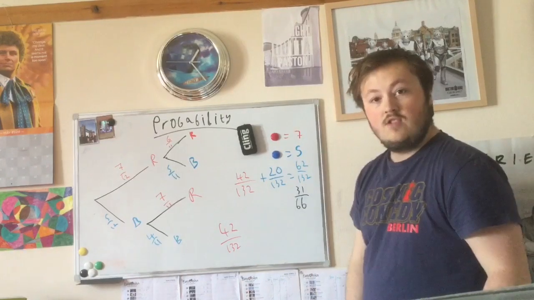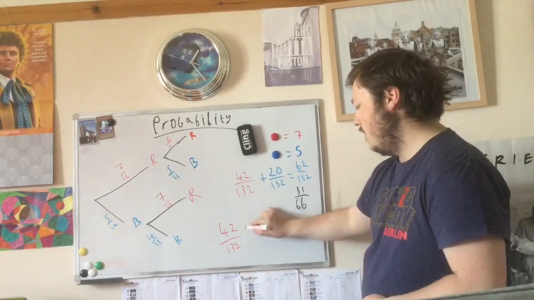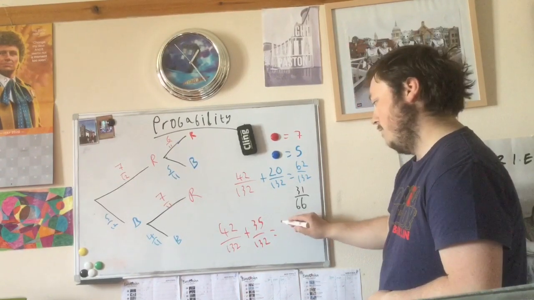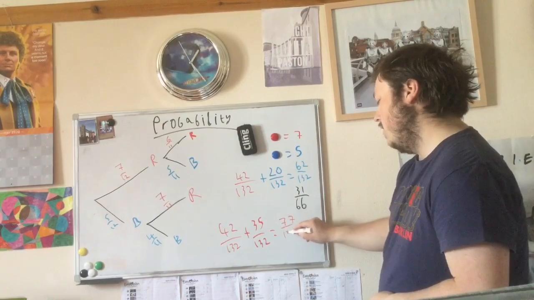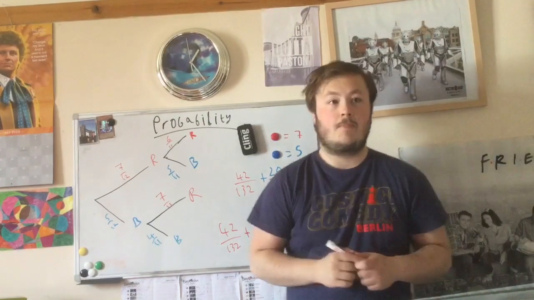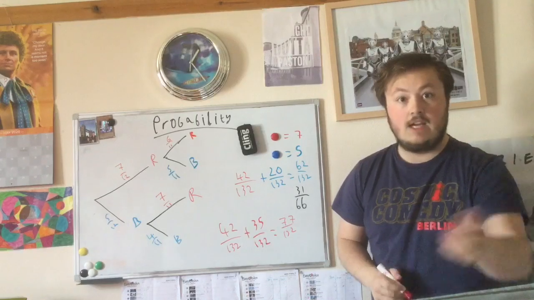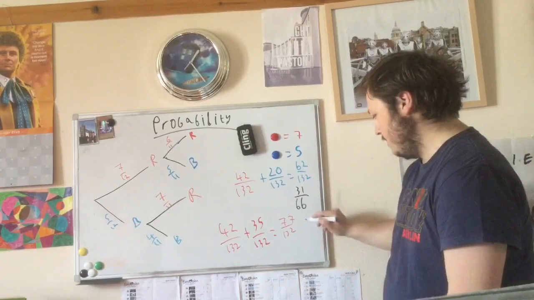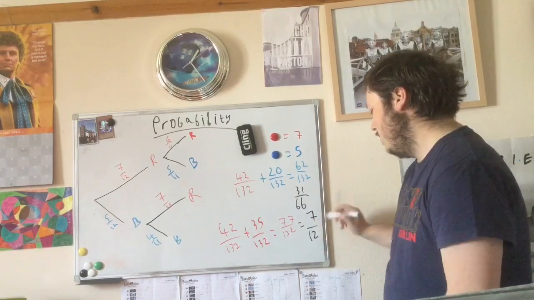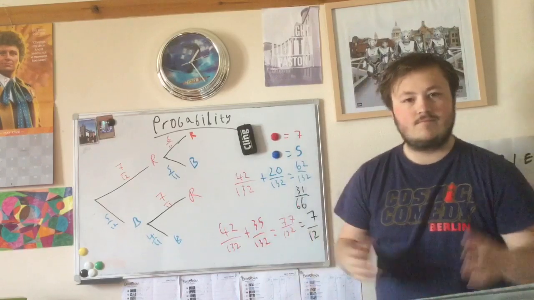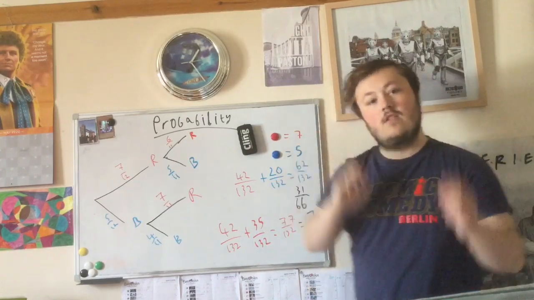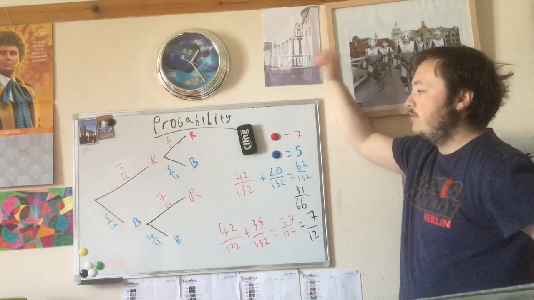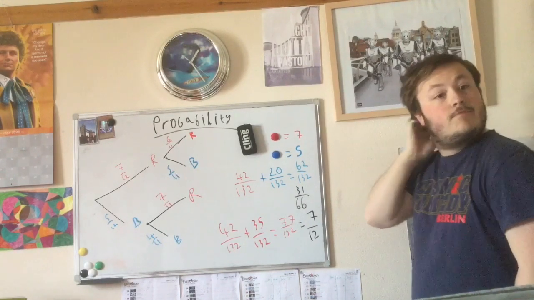So we multiply those two together and that will get you 35 over 132, totaling 77 over 132. Now this can be simplified. Anyone know what it becomes? It becomes 7 over 12. And that's the probability that the second bead you draw will be red. 7 over 12.